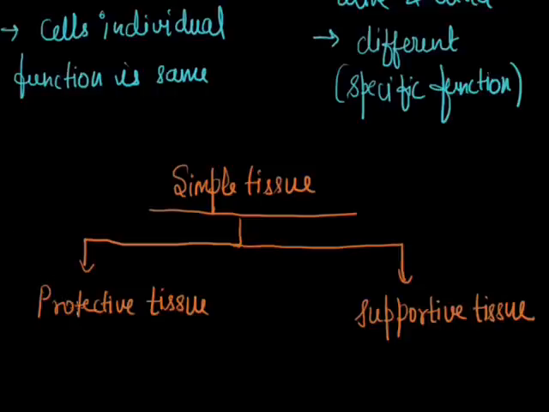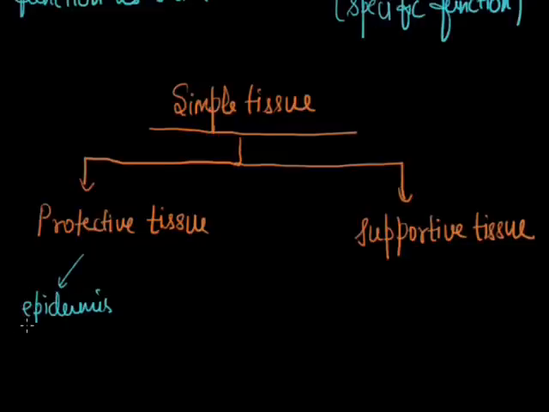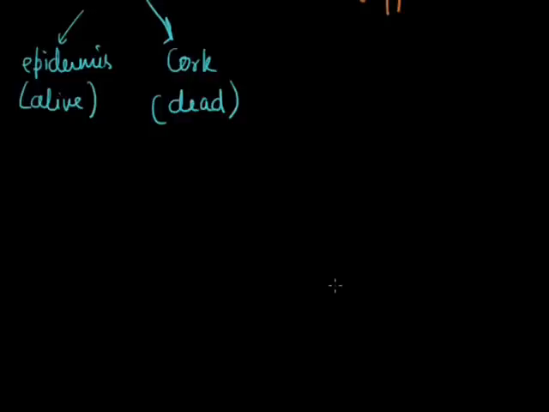So protective tissue is what? They may be epidermis, which is alive, that is living cells, and they may be cork, that is dead cells. So first we are going to study protective tissue.